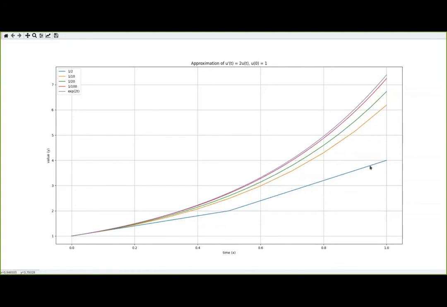Well, you can tell that this approximation gets better and better as I decrease the step size. In particular, at time t equal 1, we can tell that at every decrease of the step size, the approximation gets better and better and approaches the actual value of the solution at time t equal 1.